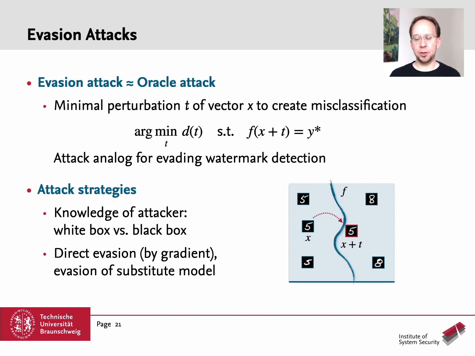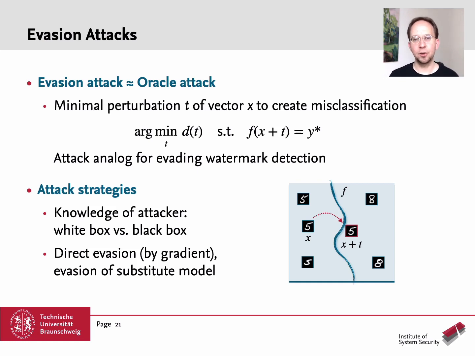I'm using some distance function d to measure that this t is small. How this d is chosen is up to the concrete attack setting. And if I add this t to my x, the prediction function f makes a wrong decision. It's called y star here because typically if you add a star to a variable, you imply this is the goal of something.